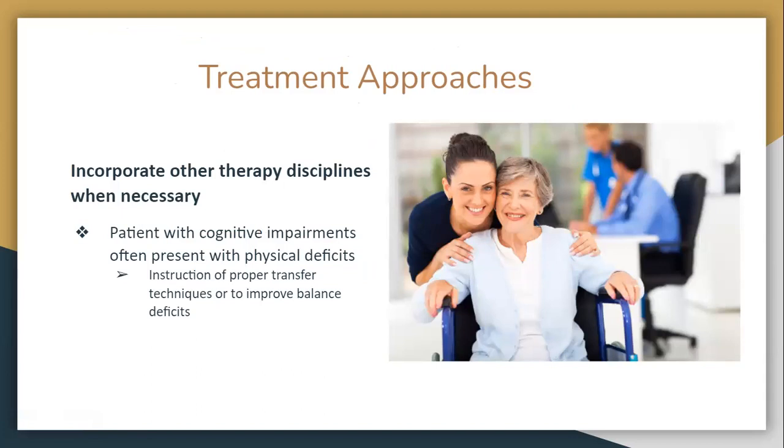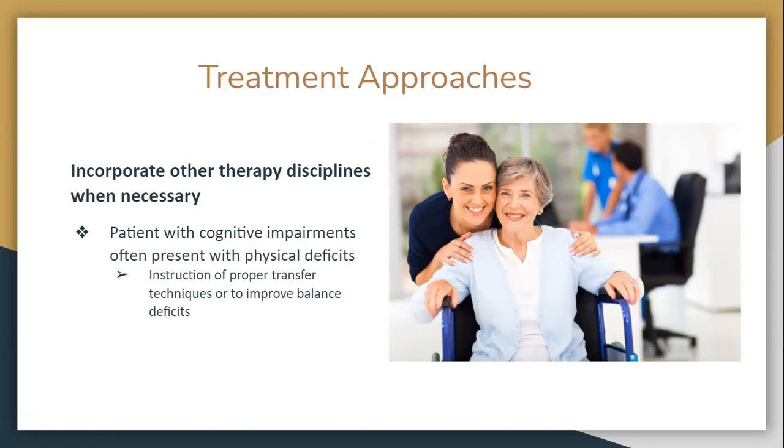Another treatment approach that I often use for patients is incorporating other therapy disciplines when necessary. Sometimes when working with a patient who is at a higher risk of falling, they may also need intervention from physical or occupational therapy for any physical deficits that they are presenting with.